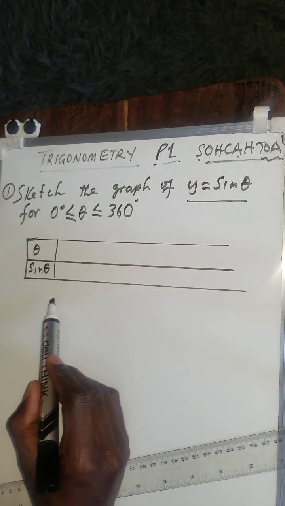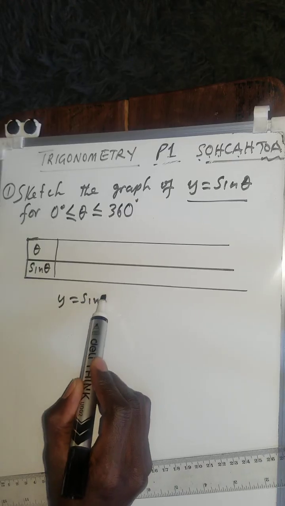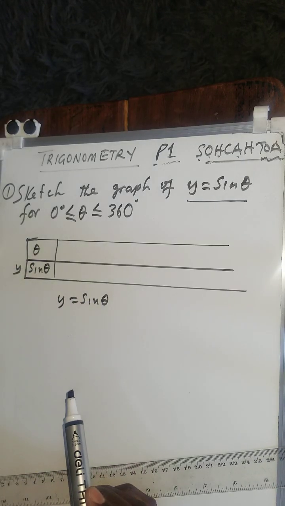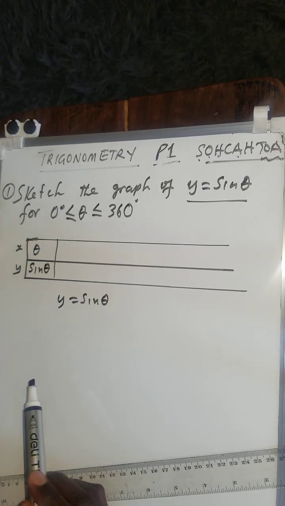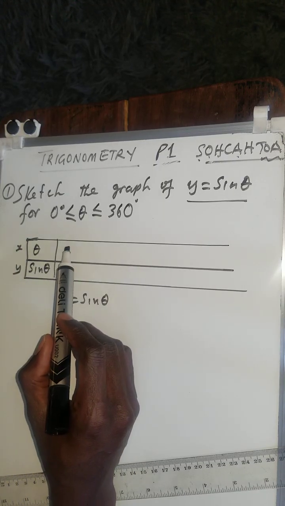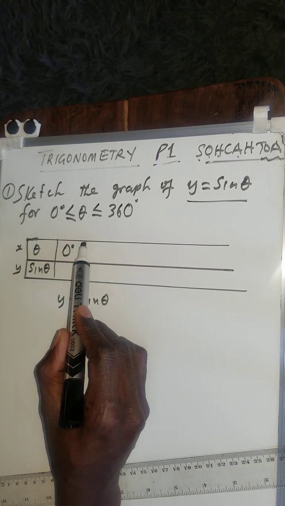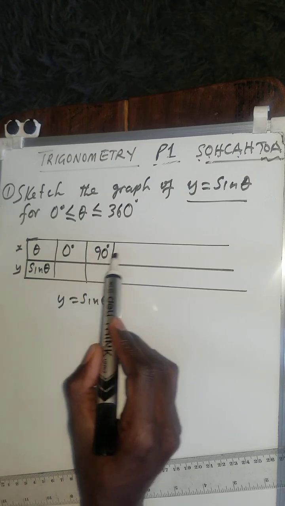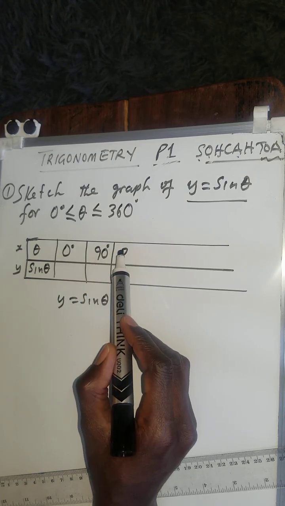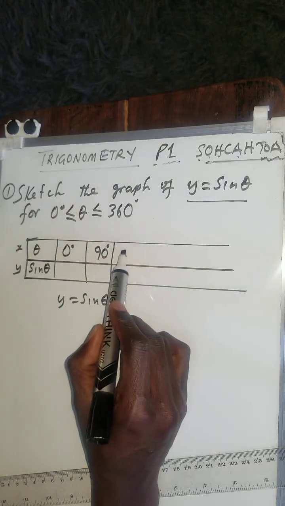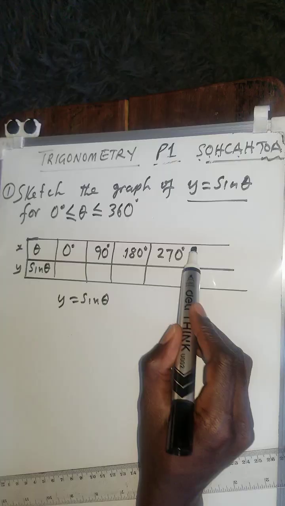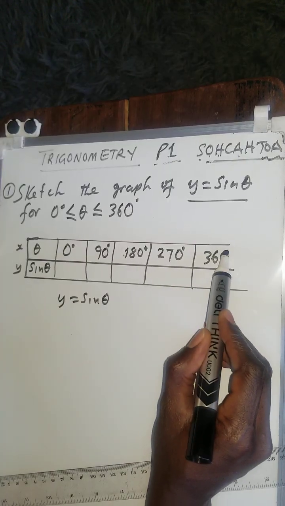Since we are plotting y is equal to sine theta, this sine theta is more like representing the value of y, and that one is more like representing the value of x. So for angles, you can pick up angles like 0 degrees, in intervals of 90, you can pick up 180 degrees, another one 270, then eventually 360.